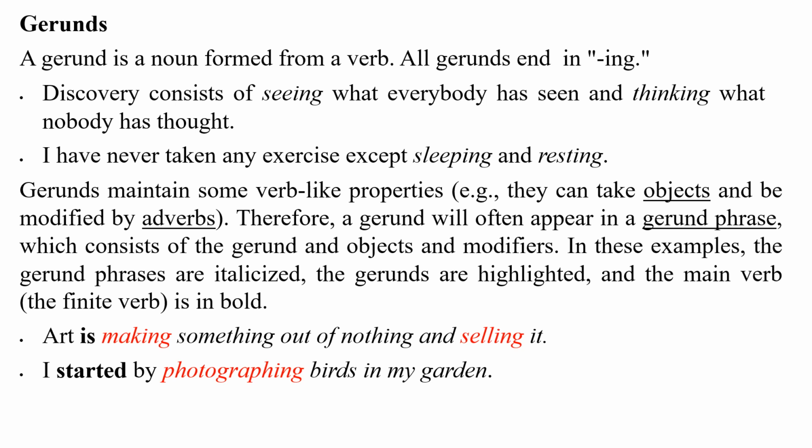Is is the main verb. Making something out of nothing and selling it is the gerund phrase, and making and selling are gerunds. I started by photographing birds in my garden. Started is the main verb. Photographing birds in my garden is the gerund phrase, and photographing is the gerund.